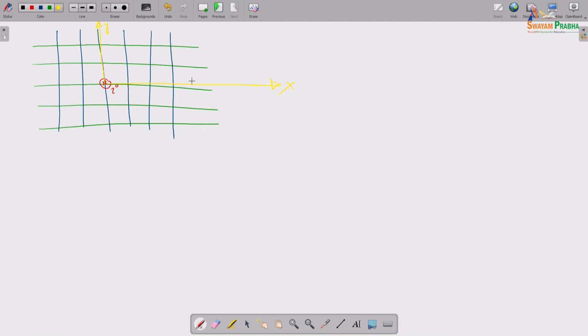Please forgive my artwork. So this is a delta x. This is a delta y.